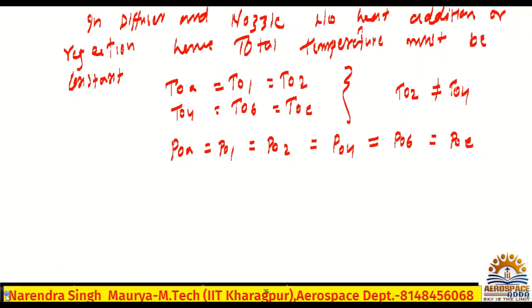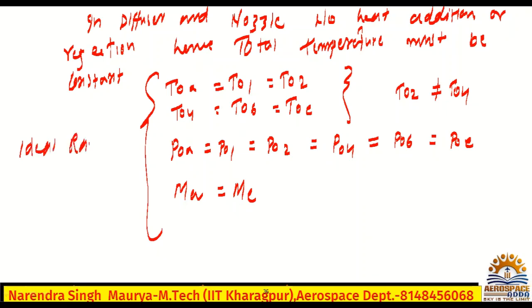Another condition for an ideal ramjet is that MA must be equal to ME. These are the criteria for an ideal ramjet.